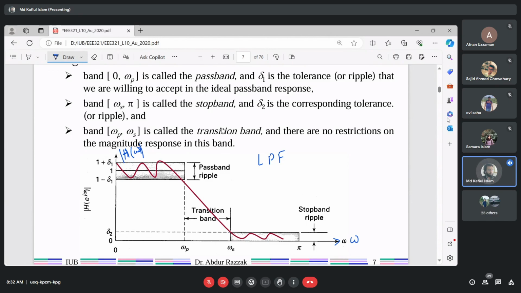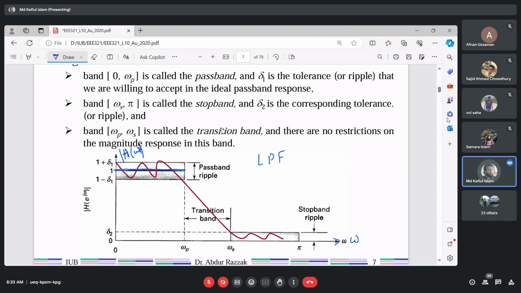You see that from pass band to stop band, the transition is not immediate, not instant. It takes some time. And then in the pass band and in the stop band, it is not very smooth. There is some fluctuation or ripple.